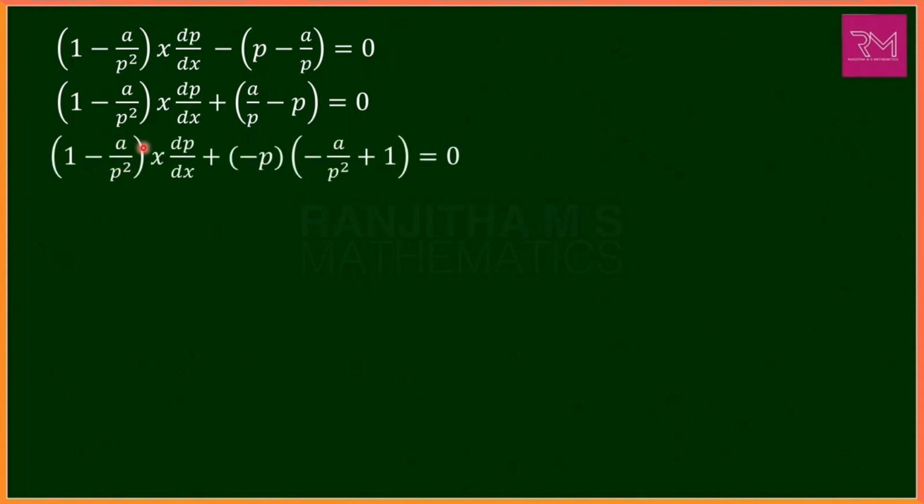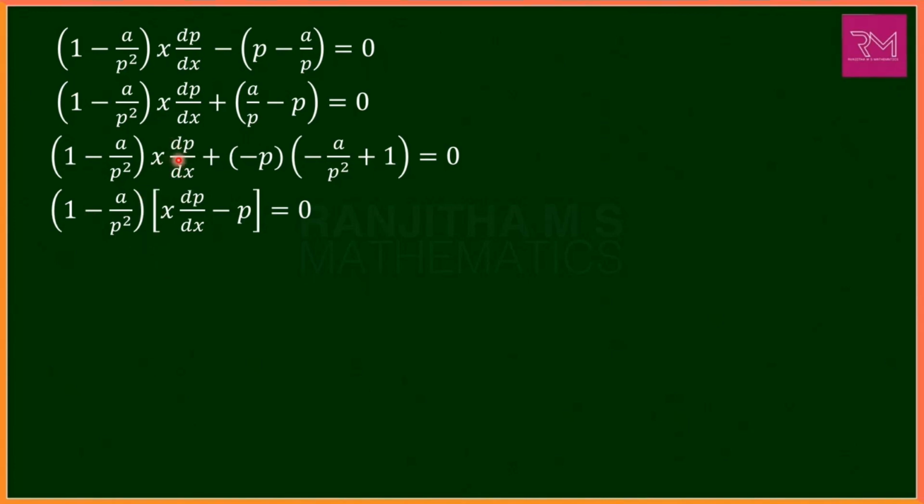We get 1 minus a by p squared into x into dp by dx plus minus p into, taking minus p common from the first term, multiply and divide by minus p, so that in the numerator we can take common minus p, remaining is a divided by p into minus p, so that is minus a by p squared, plus 1, which is equal to 0. Now here also we have the 1 minus a by p squared term, so we can take 1 minus a by p squared as a common factor.